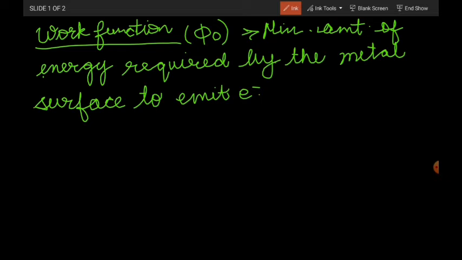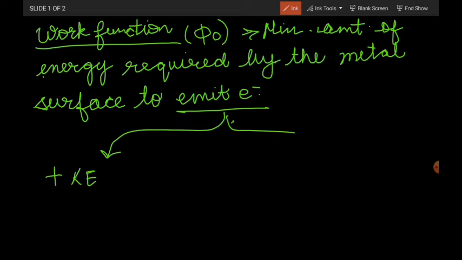Now afterwards, when this electron is emitted, there are two possible cases: the emitted electron has additional kinetic energy along with it, or the electron is just emitted and has zero kinetic energy. For example, the work function of a metal is 30 electron volt.